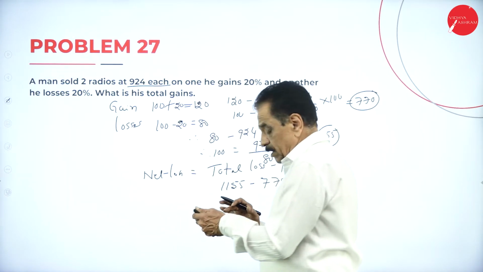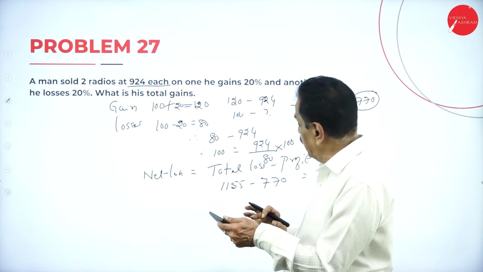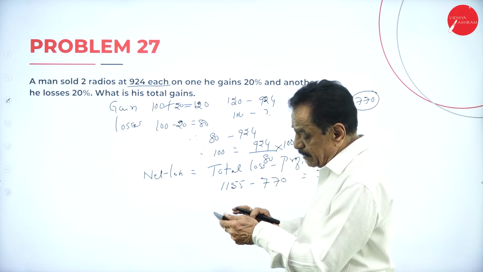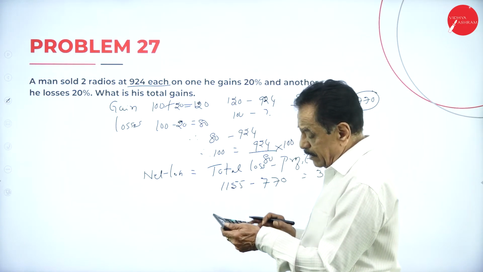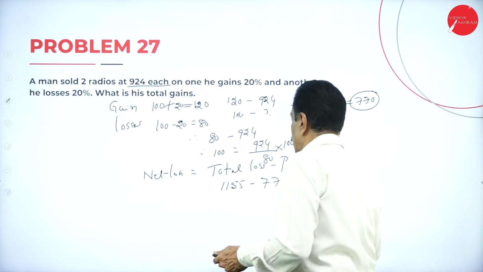I will repeat: 1155 minus 770 is 385, the net loss.